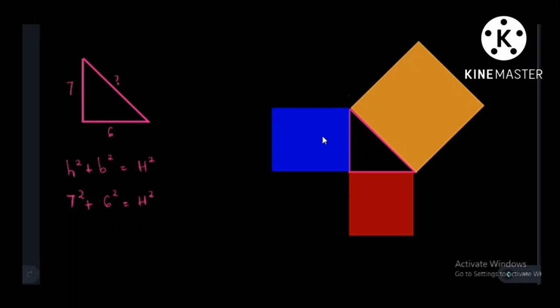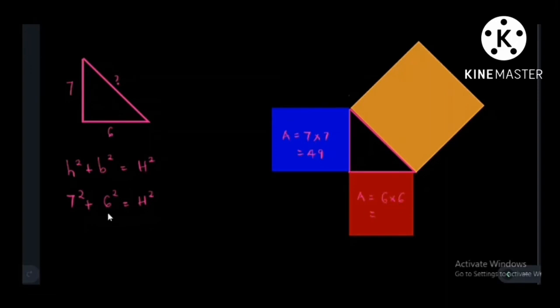So of course, always think about it like it is a square along the height, so the area of this square will be given by 7 times 7. That's why we are saying 7 squared, which is 49. The area along the base will be given by 6 times 6.